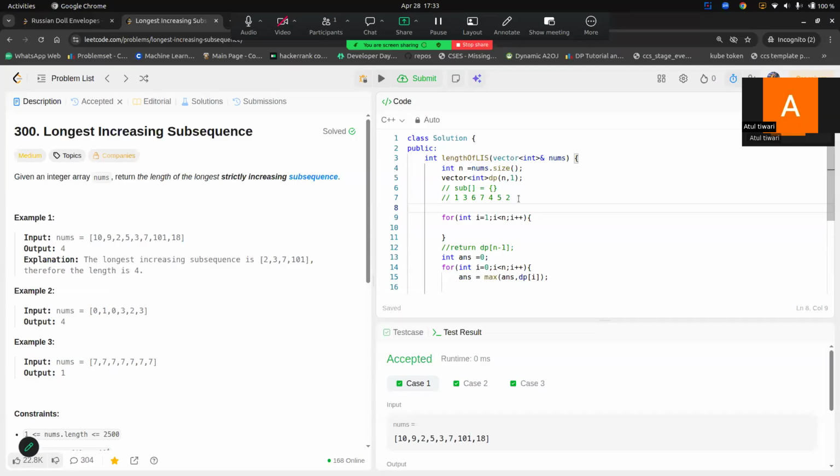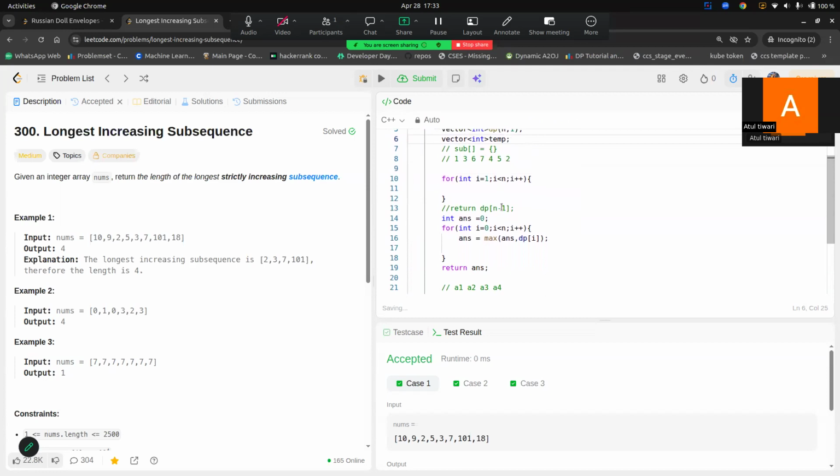So basically you just build a vector here, vector int temp, and iterate over nums, int i equals 0. You find the lower bound of the current number in temp, from temp dot begin to temp dot end.